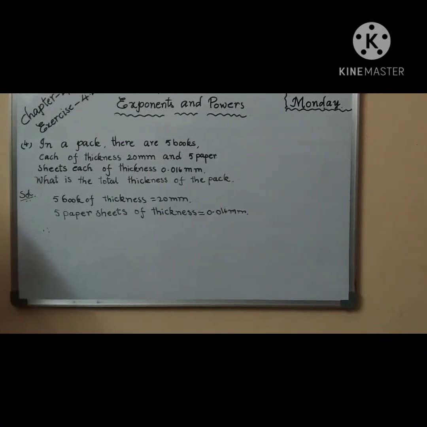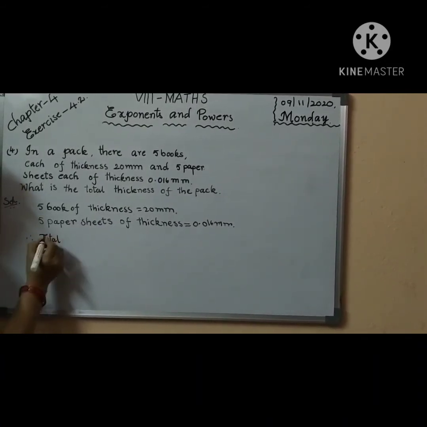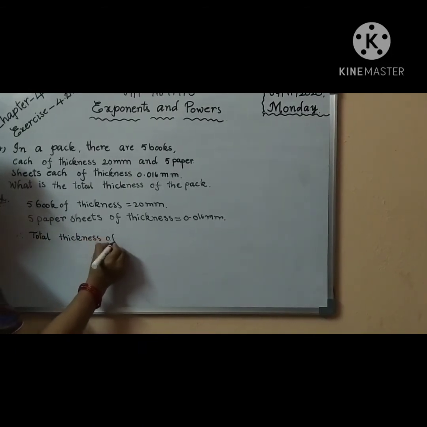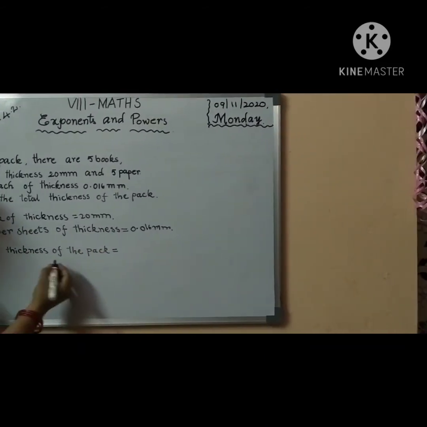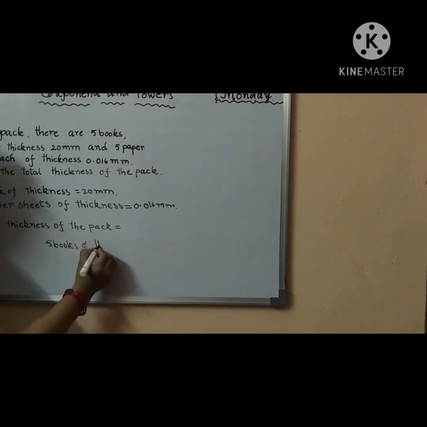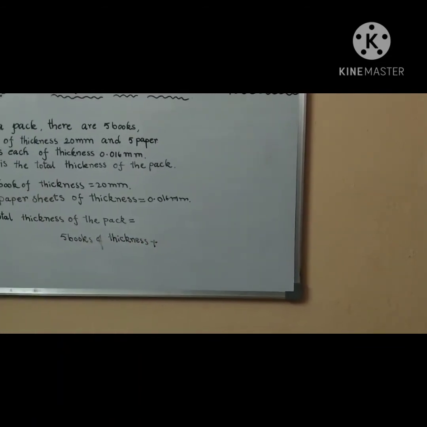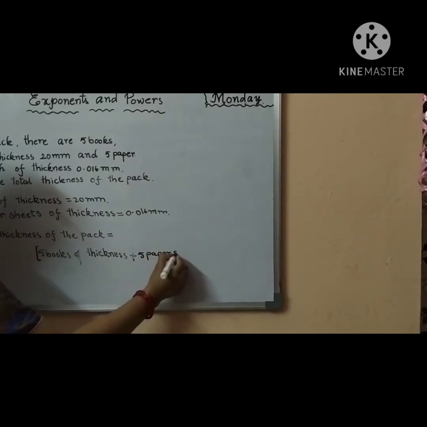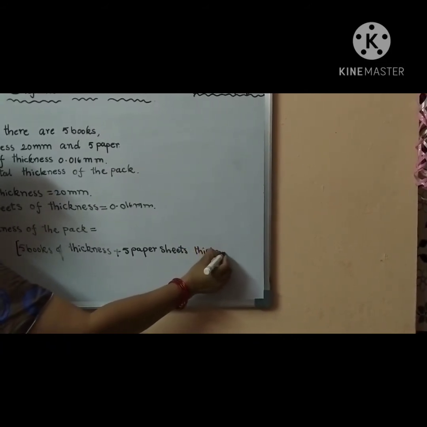Therefore, total thickness of the pack is equal to 5 books of thickness plus 5 paper sheets of thickness.